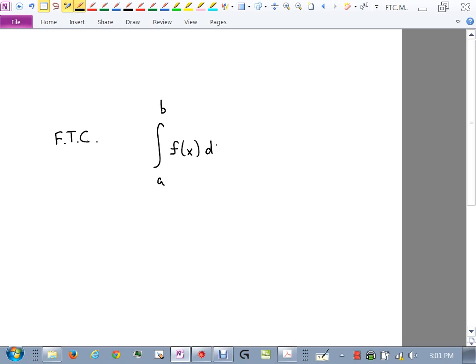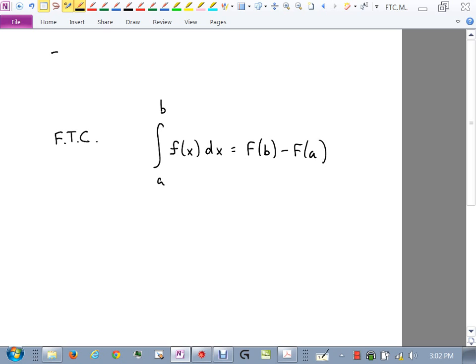Although there's another way of writing this. The fundamental theorem of calculus basically gave us a way of connecting a derivative to its antiderivative, right? How the two were related to each other. We use the antiderivative to figure out the area under a curve, right? So that's one version of the fundamental theorem of calculus.